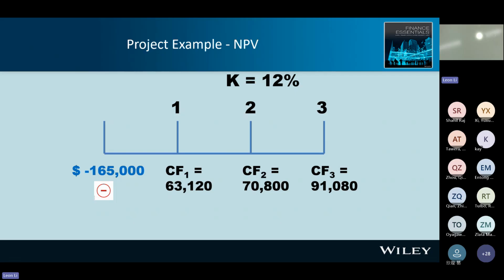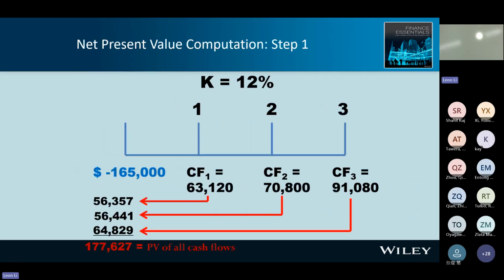After we have the timeline, the concept is easy. We bring all the future cash flow to today using 12% as the discount rate. I hope students you know how to do that. Then adding up, this is the present value of all future cash flow.